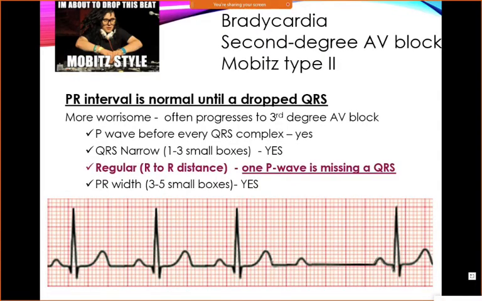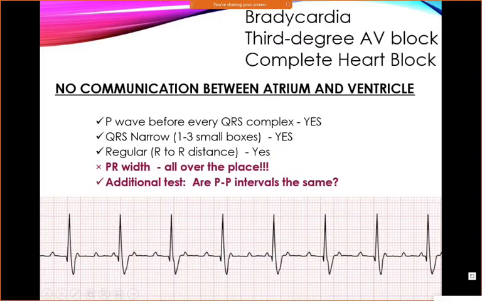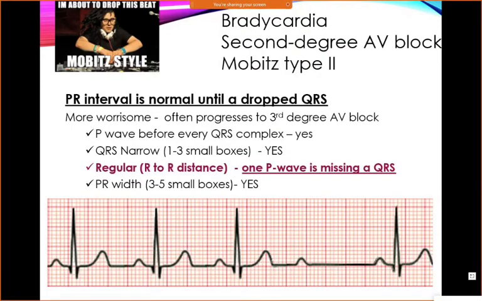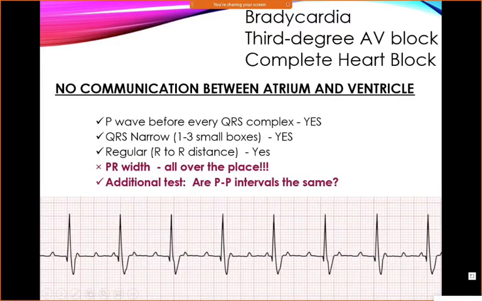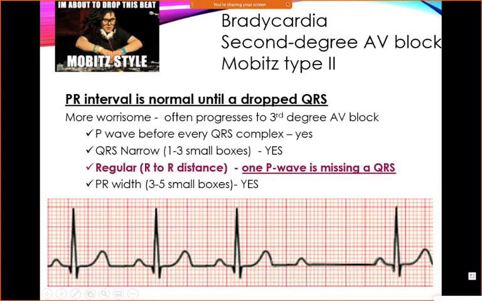Here we're expecting, let me draw again, go back to this one. This is kind of short. The slower it is, the harder it is to read because you just don't have as much to look at. Here we have an R to R interval of, let's see, 1, 2, 3, almost 4 boxes. So here we've got 3 with some extra.